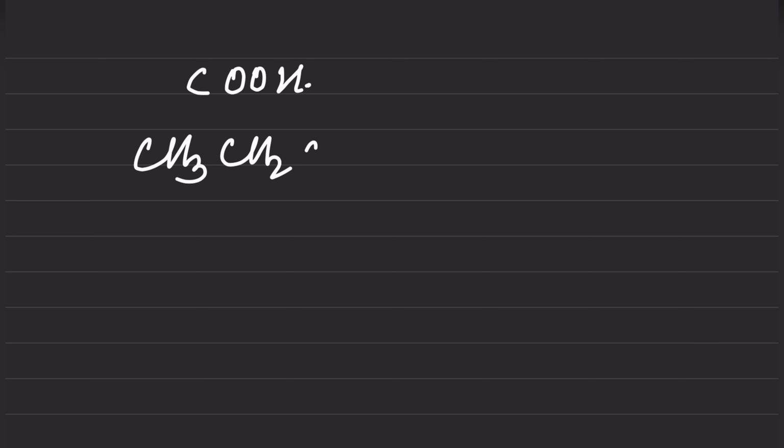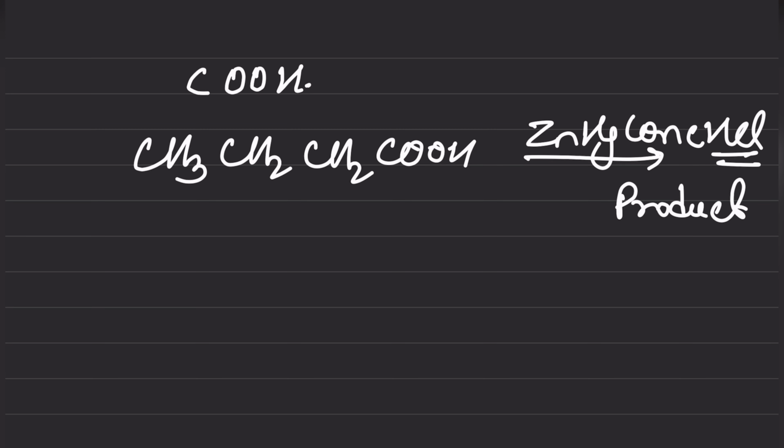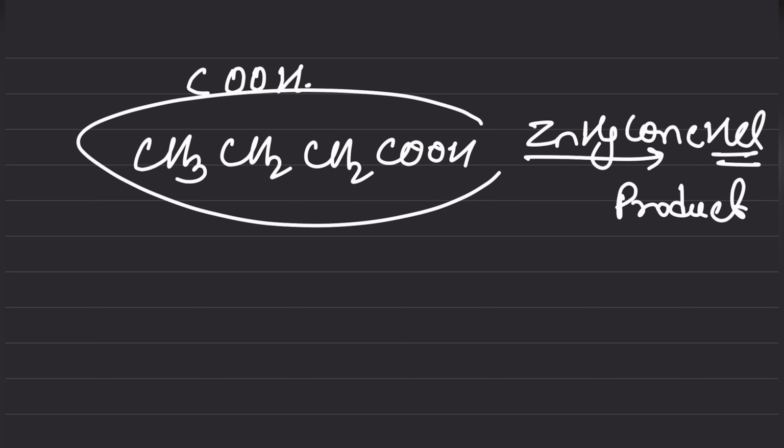Suppose that a COOH group is present, for example CH3 CH2 CH2 COOH. What will be the product of this reaction if we are using Zn-Hg concentrated HCl? There is no effect on the reactant.